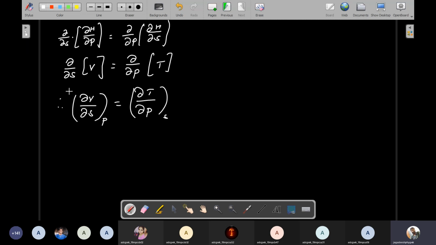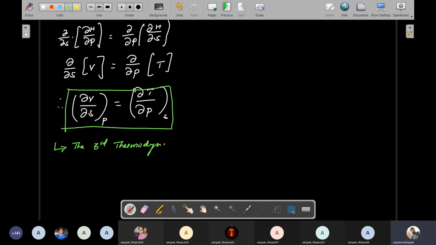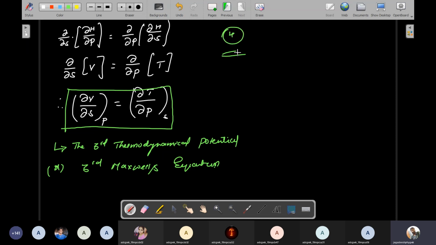So this is our third thermodynamic potential, or third Maxwell's equation. We already derived first, second and third, and only one left, that is called the fourth derivation. So please note everybody.